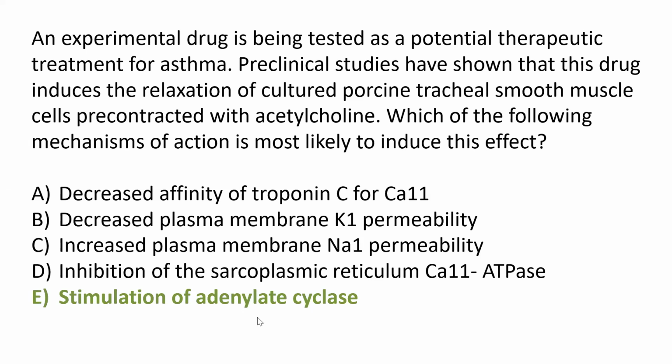If you have cyclic AMP, you will activate protein kinase A. Protein kinase A will go and phosphorylate the MLCK. Phosphorylated MLCK has less affinity to the calcium-calmodulin complex. And if the MLCK is not activated, it will not cause contraction. That is why this is a very indirect question, but that is the explanation.